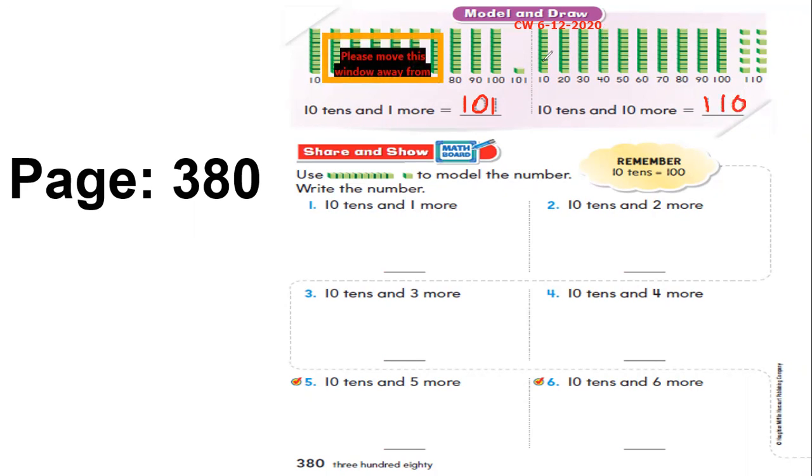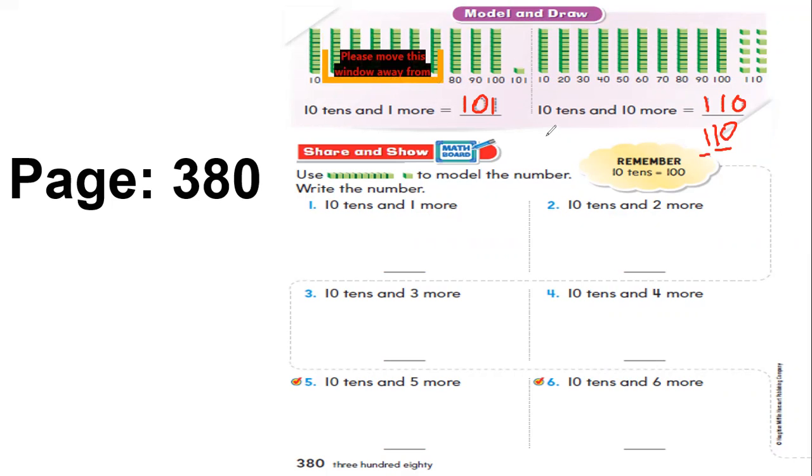As you can see, 10, 20, 30, 40, 50, 60, 70, 80, 90, 100 is my 100. And then I have 10 more, so you count 101, 102, 103 until 10 more. That becomes 110. So this is 100 and this is 10 more, that becomes 110.